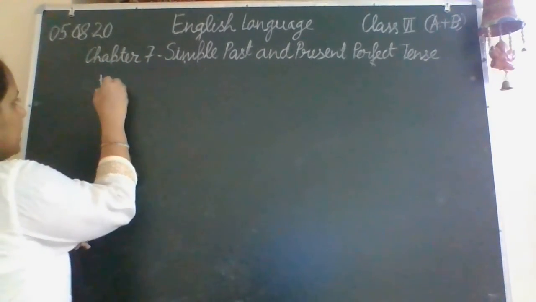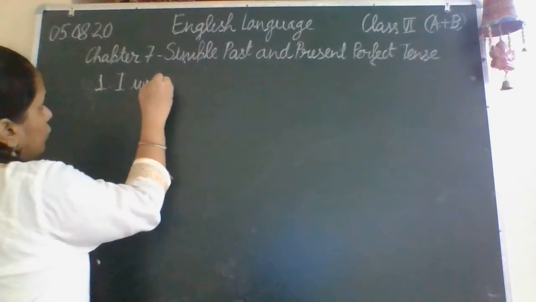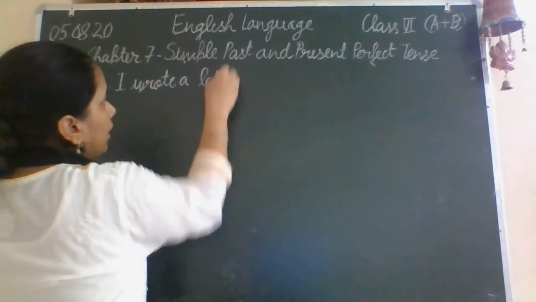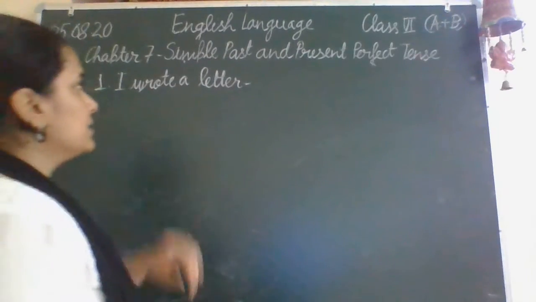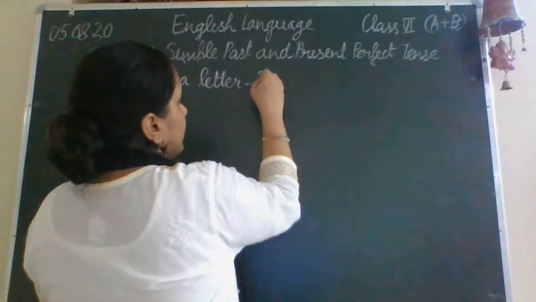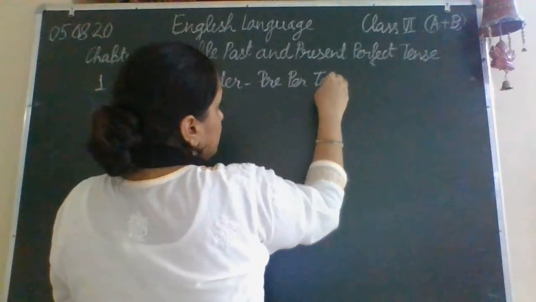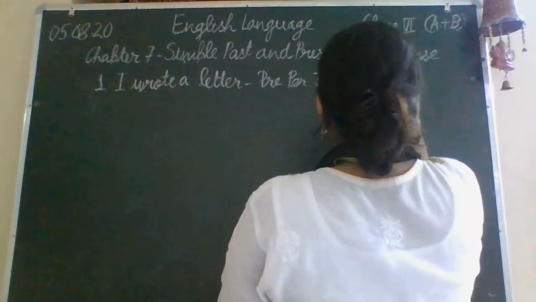For example, I'm writing, I wrote a letter. And this sentence we have to change in present perfect tense, and we have to make it negative.